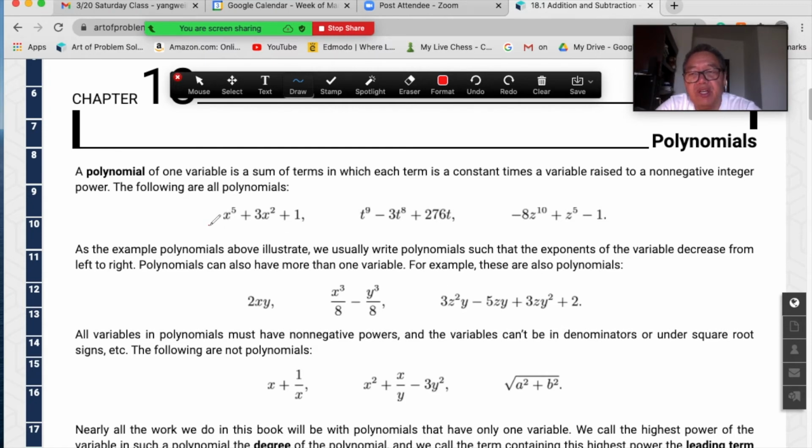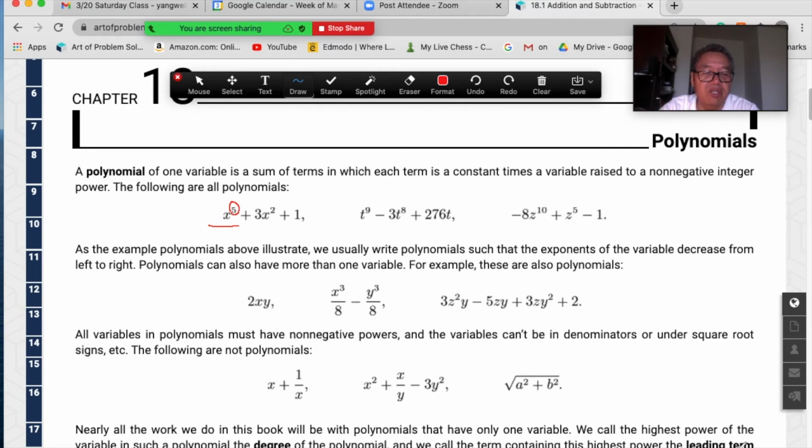So you can see here, the degree of this polynomial is 5. Because the highest exponent in this polynomial is 5, here it's 2, right? The highest is 5. So the degree of this polynomial is 5. And the x power 5 is called the leading term.